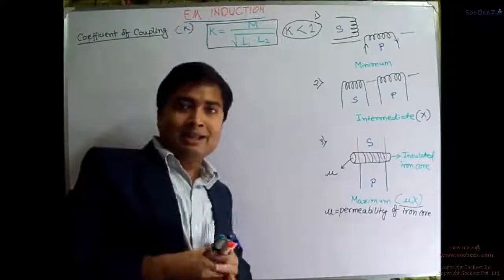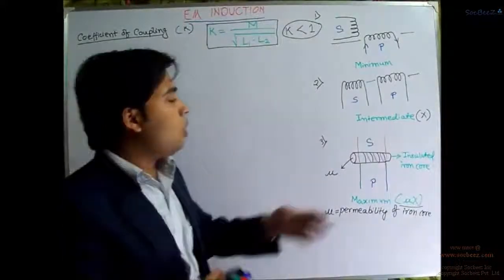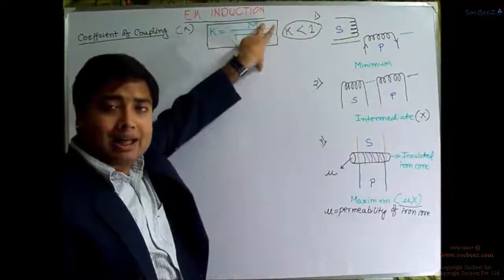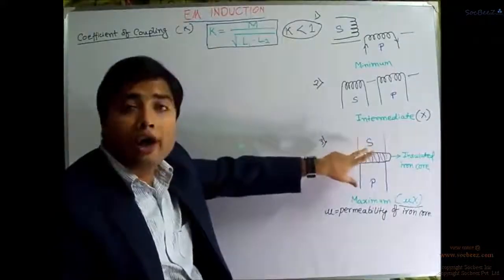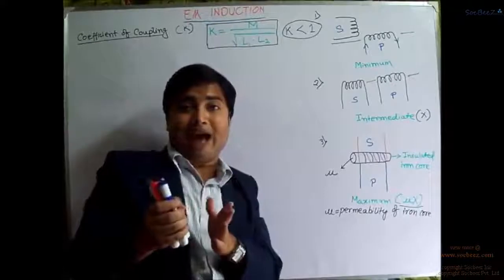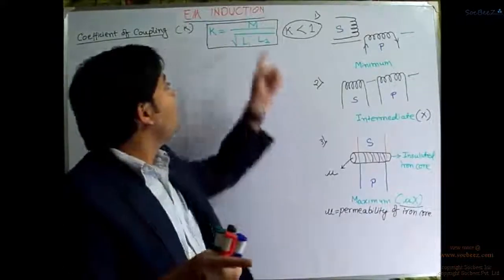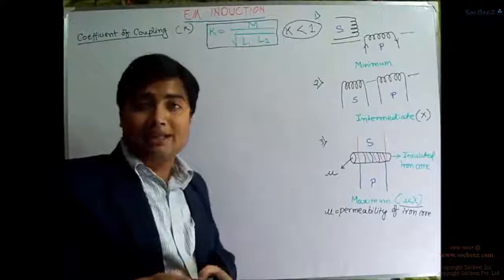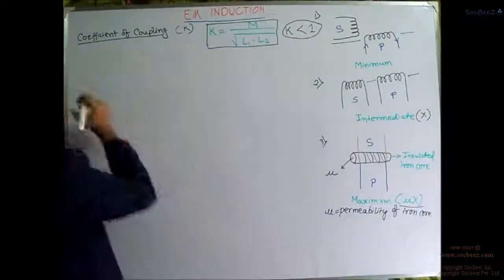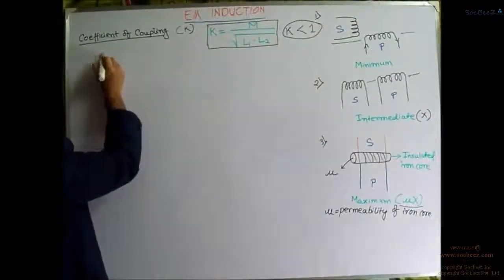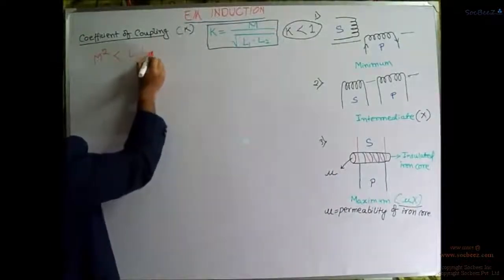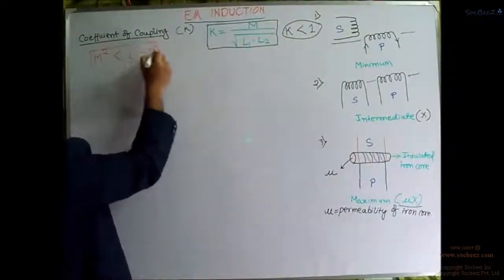Which means that the square of the mutual inductance between two coils will always be lesser than the product of their self-inductances. So we can conclude that M squared is always lesser than L1 multiplied by L2.